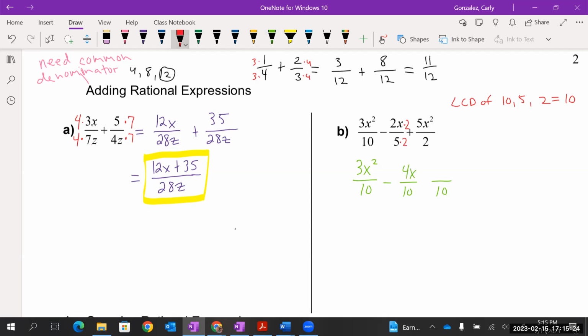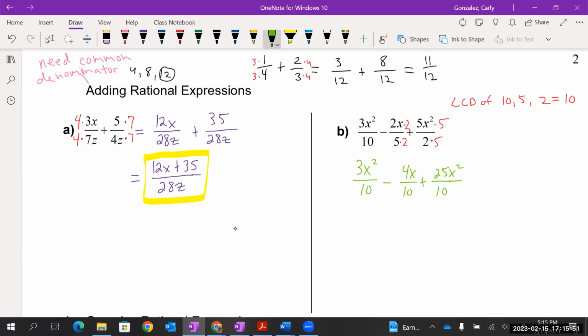On the right, we're trying to figure out what we need to multiply 2 by to get 10. So we'll multiply by 5 since 2 times 5 is 10, and we'll multiply top and bottom by 5. 5x squared times 5 is 25x squared.